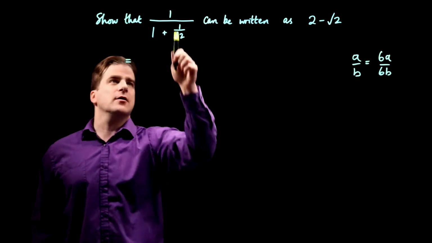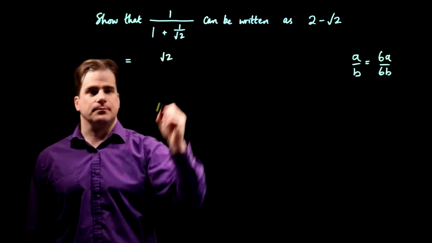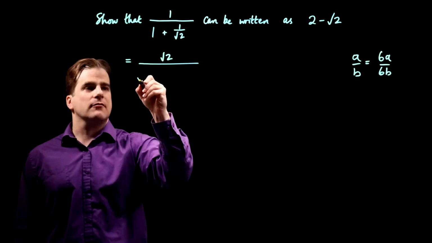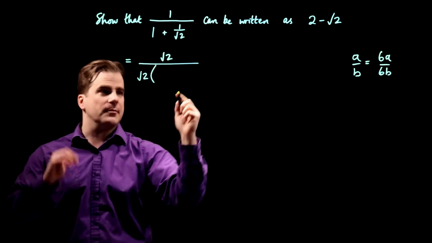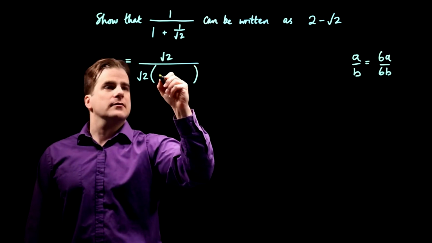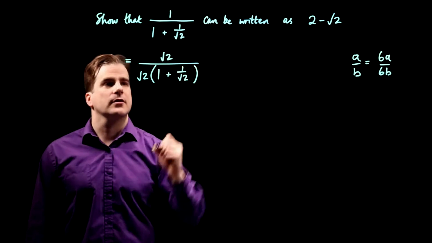So the top, 1 times root 2 is just root 2. And the bottom, I'll write it out. We're multiplying everything on the bottom, so we have to put the whole of the bottom in brackets. We're multiplying it by root 2. It's 1 plus 1 over root 2.